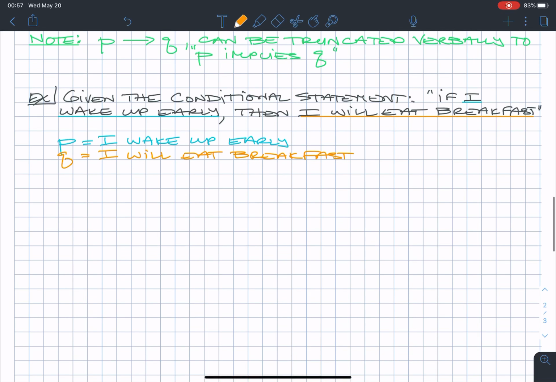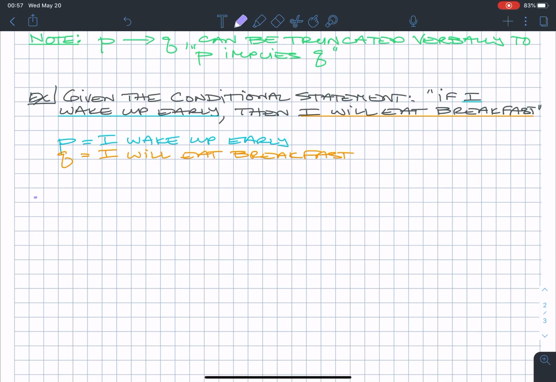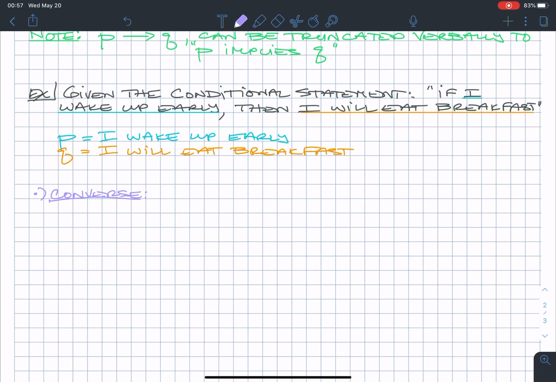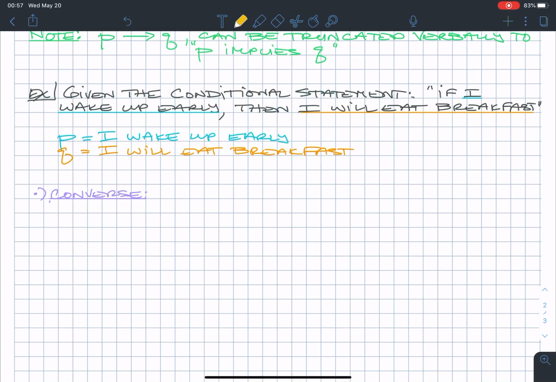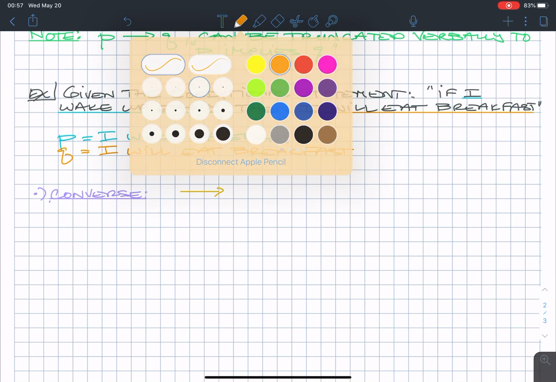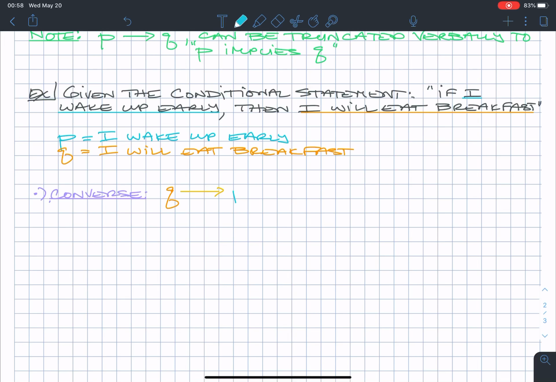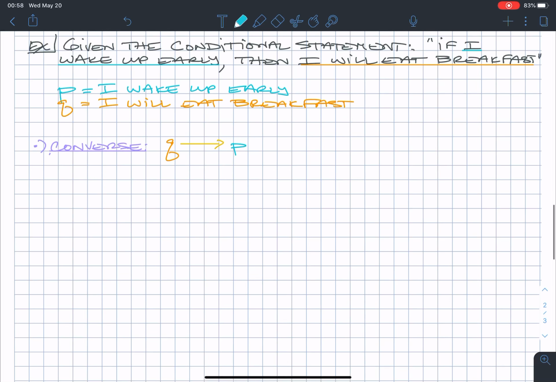Okay, so let's see what we have here. What's the converse? Well, the converse, of course, is Q implies P, right? Q, right arrow, P. That's the converse. Q implies P. Okay, so how would I state this in English?